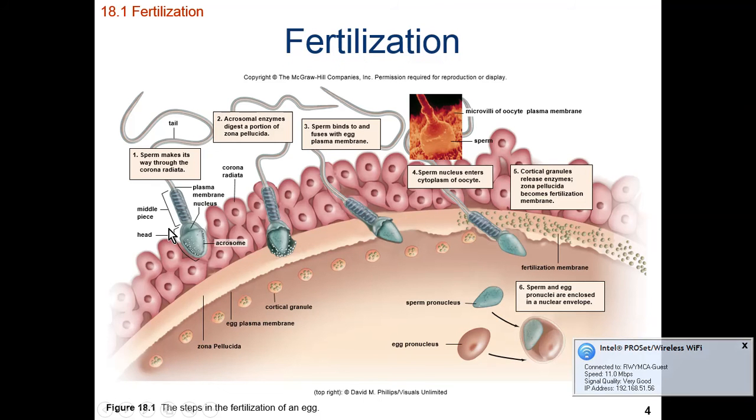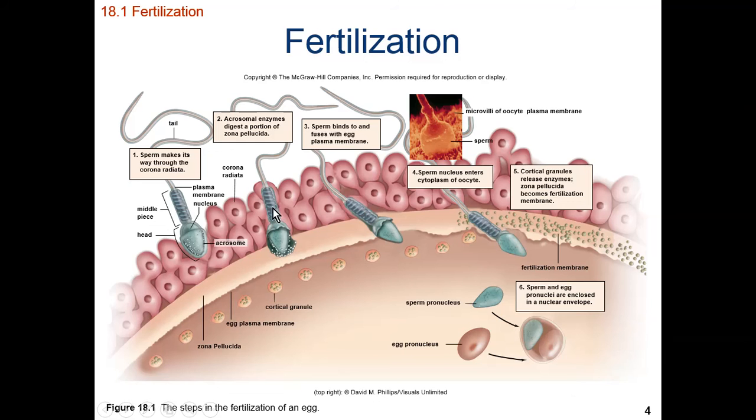So the sperm will swim through the corona radiata, that radiating circle of cells, and then the acrosome allows it to digest the zona pellucida, and then it penetrates the plasma membrane. Once it penetrates the plasma membrane, the secondary oocyte has vesicles full of cortical granules. These cortical granules will then be released and make it so that the zona pellucida will prevent any other sperm from entering into the egg.